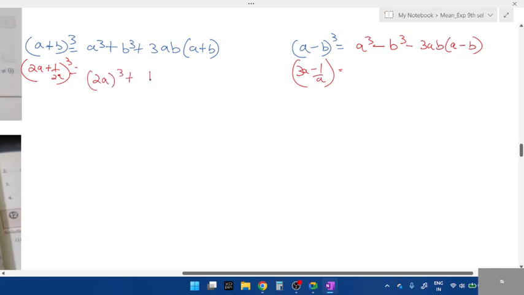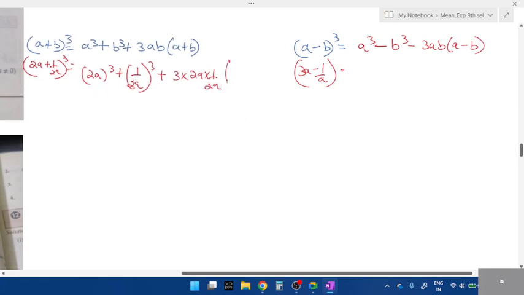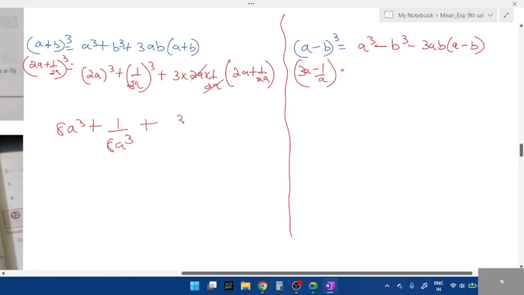No, 1 minute. 2a into 1 by 2a into plus, okay, then into 2a plus, okay. How do you solve this? What's the next step? Now open the bracket.